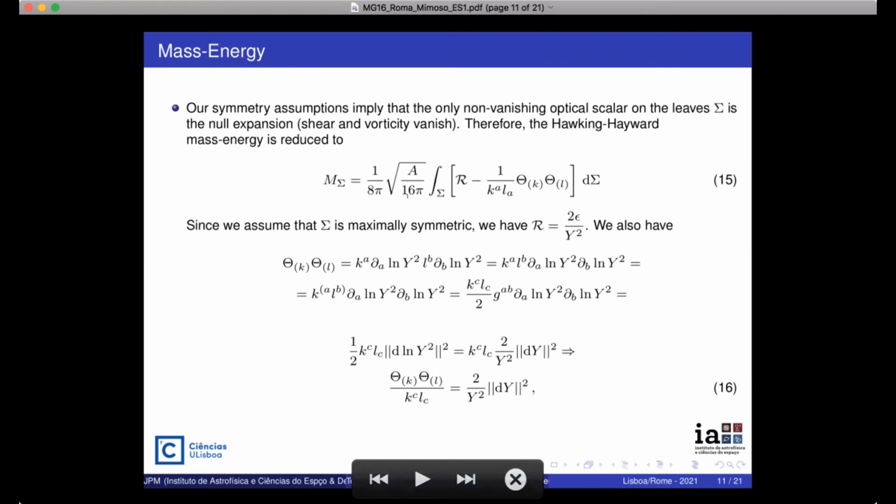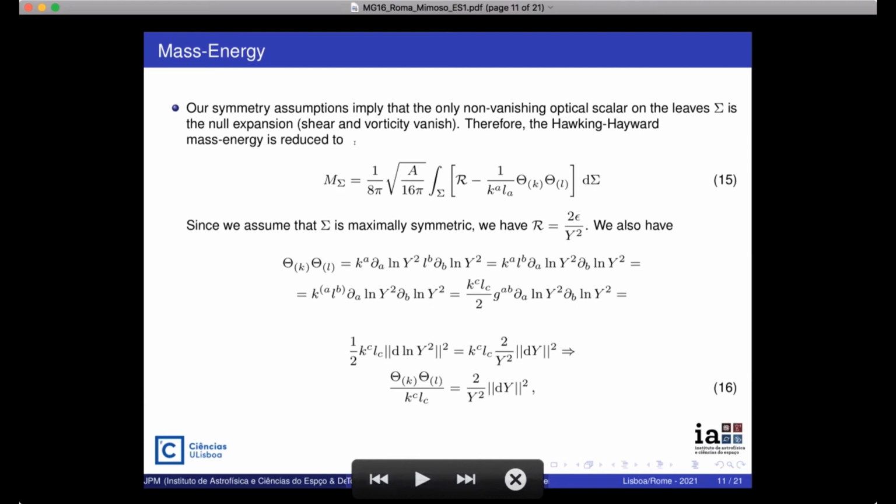So the problem, and this is basically the central result of this work, is to try to generalize the Misner-Sharp mass into a parameter which can be its extension for the open cases.